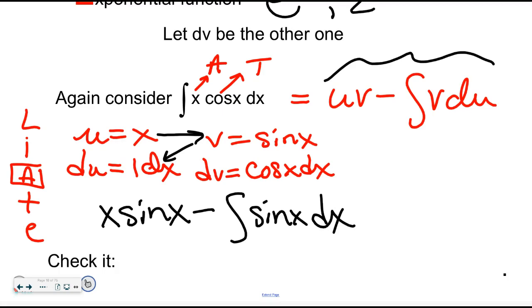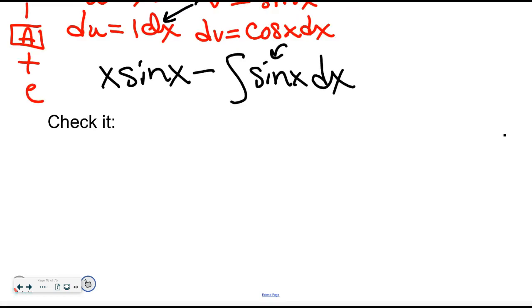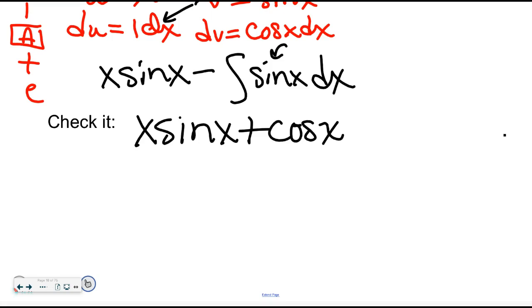Now do you see that it's broken up into parts? You know how to integrate that part. What's the antiderivative of sine? Negative cosine. Excellent, you guys. So this would be plus cosine x. Don't forget you're integrating. So we also have a constant.